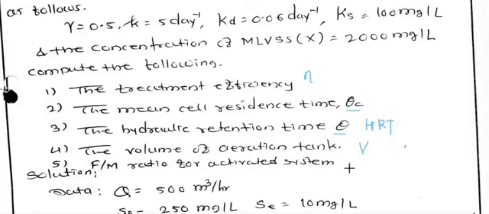For the activated sludge process, we have to find the value of F by M in this condition.